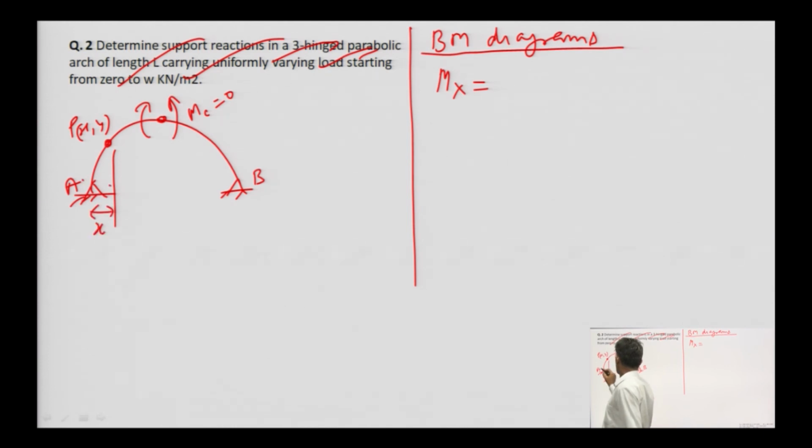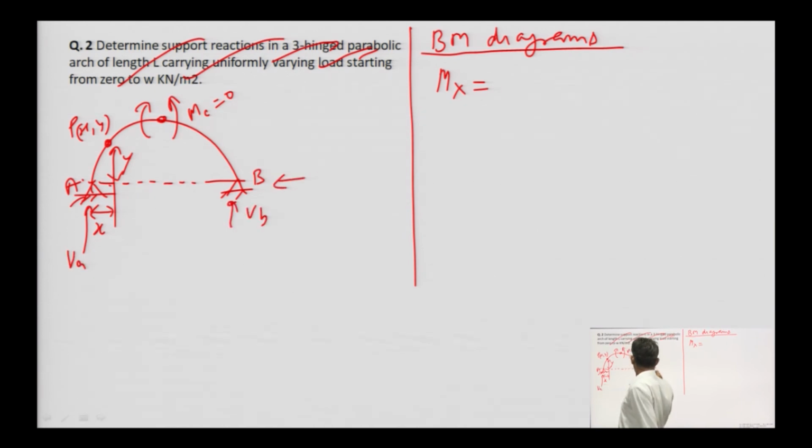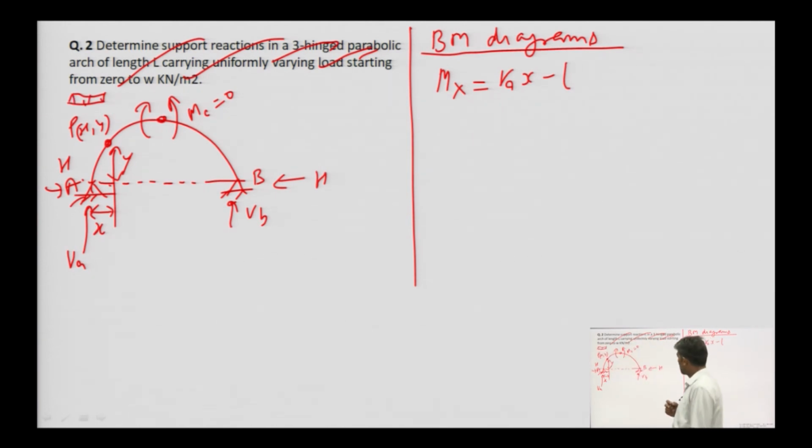Say this is x and this is y. So, Mx is equal to, say this is VA, this is VB, H and H. So, this is VA into x minus the bending moment of any load in the AP segment about P.